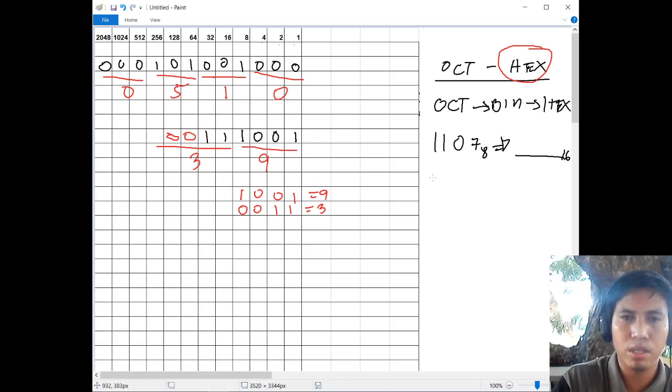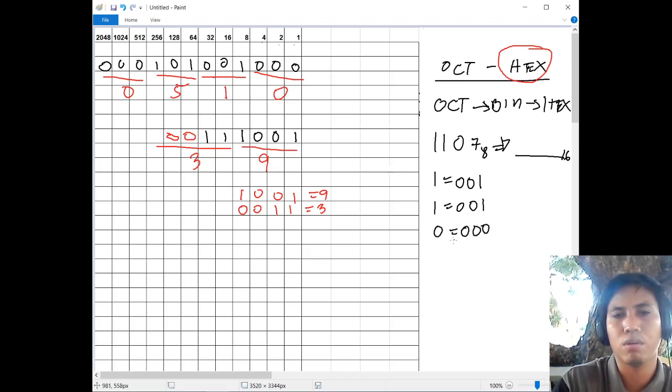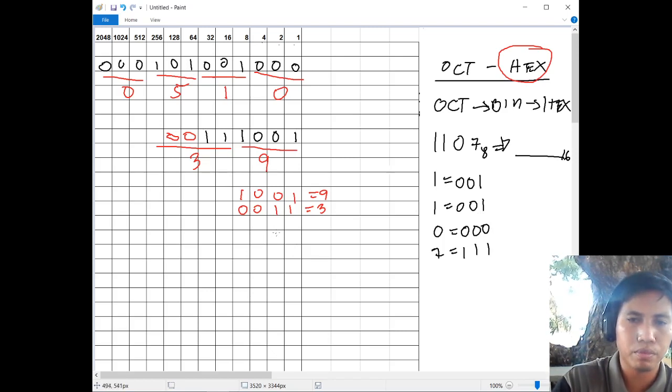So let's start with 1. Take note, it is octal pa lang siya. So 001, three digits. And 1 is 001. Then we have 0, that is 000. And then we have 7, that is 111. Paano nakuha yan?